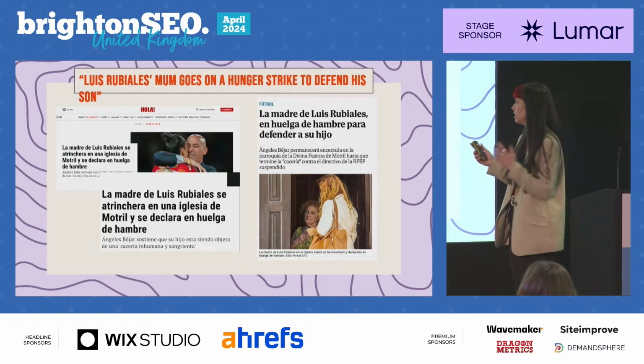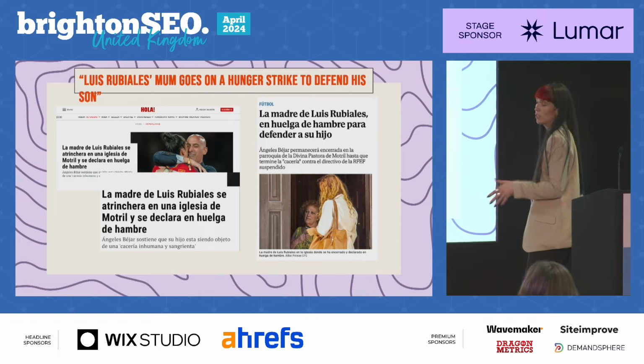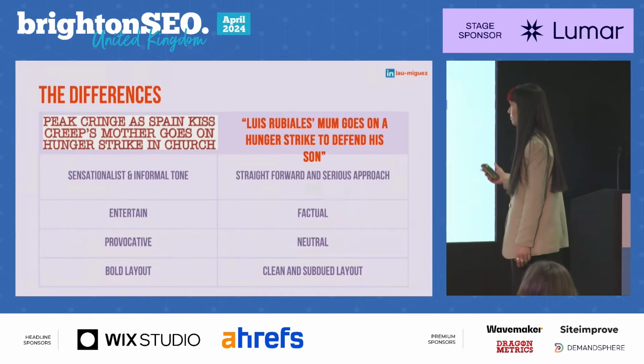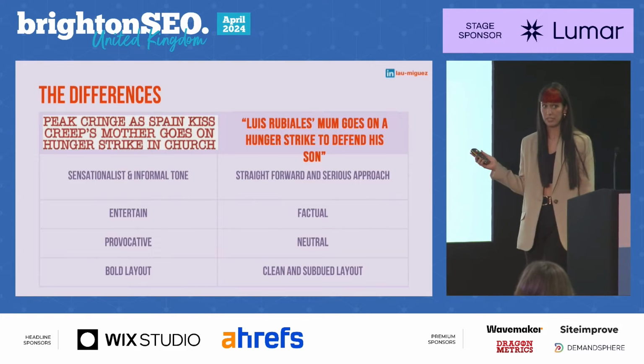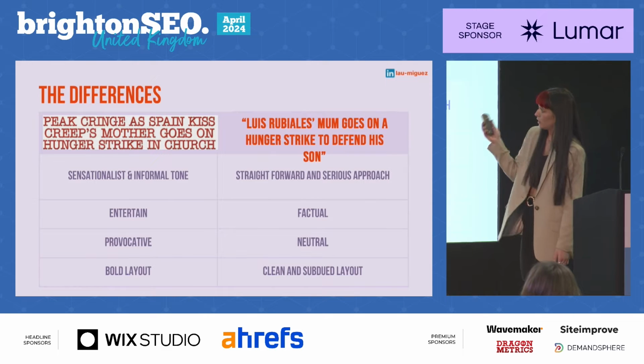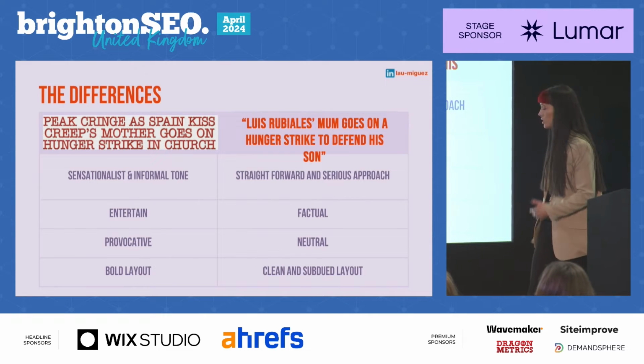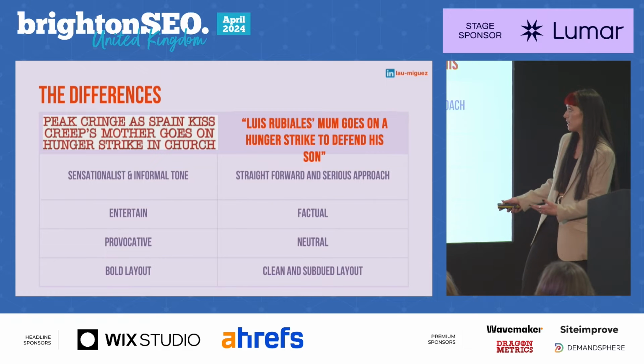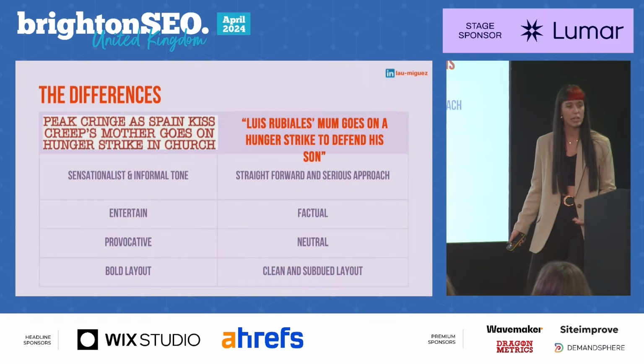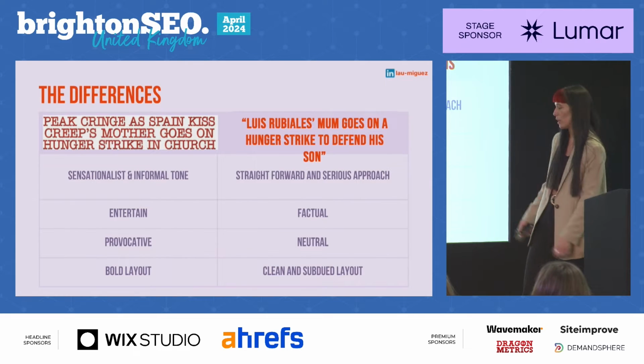They're just saying, Luis Rubiales' mum goes on a hunger strike to defend her son. So these are the differences here. We can see that the UK has a more sensationalist and informal tone, whereas Spain is more factual and straightforward. The UK is looking to entertain a little bit, whereas Spain, again, is quite factual.